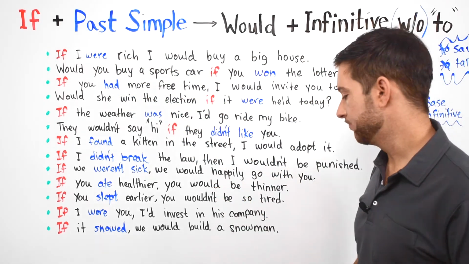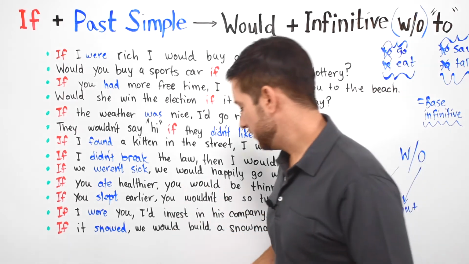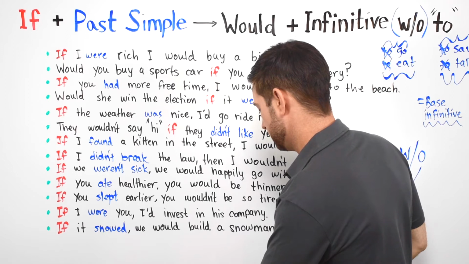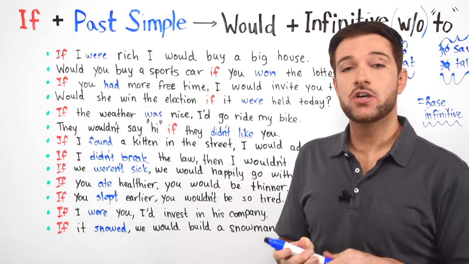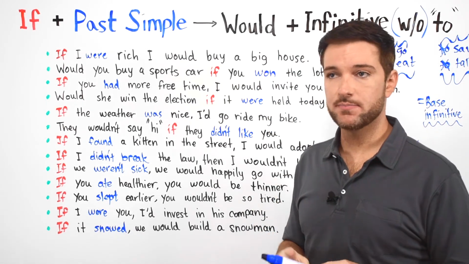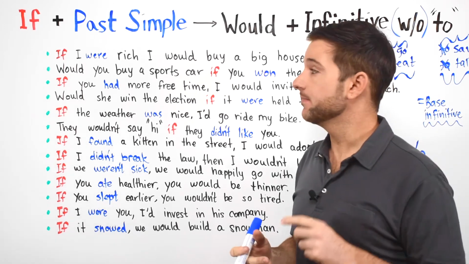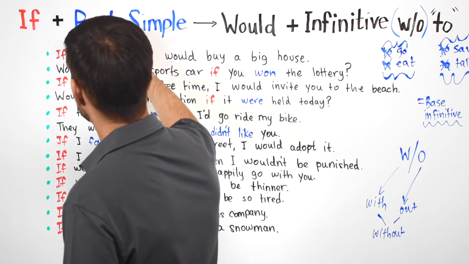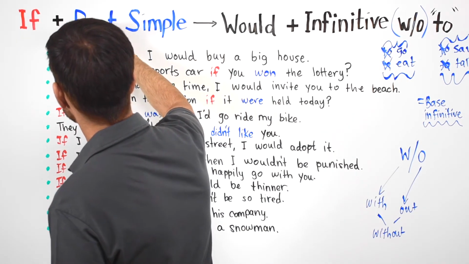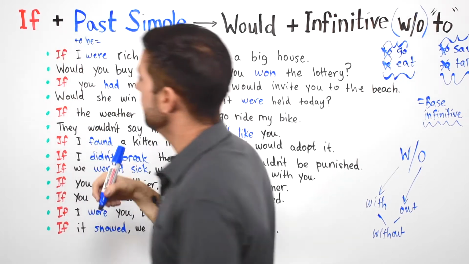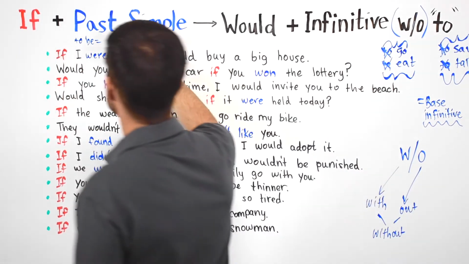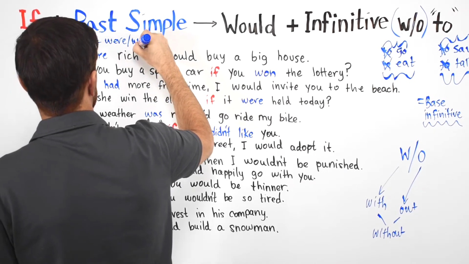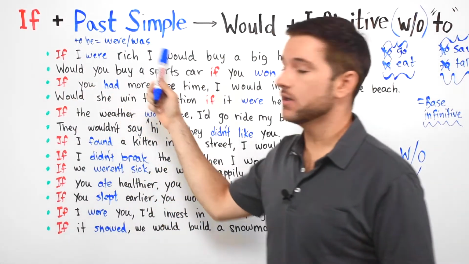Stop. Guys, I want to show you something. I just want you to take a look here. Notice that in English, when we use this type of conditional, which is the type 2 conditional, the conjugation of the verb to be, because were is from the verb to be, and remember, the past simple of to be is were and was.